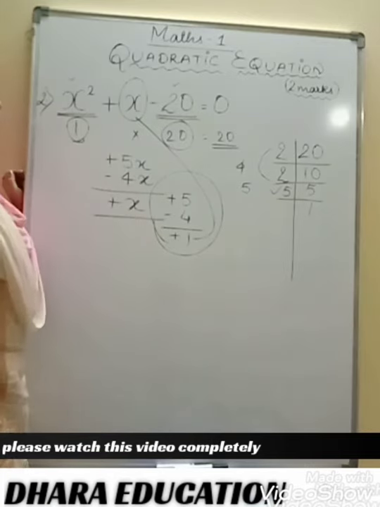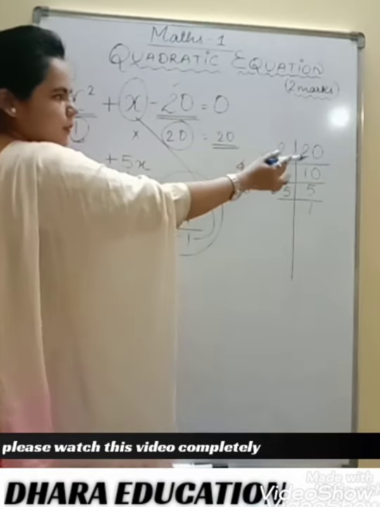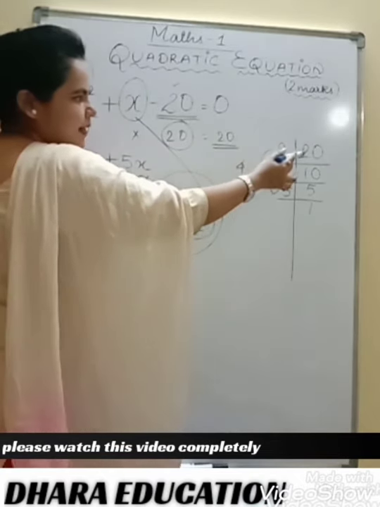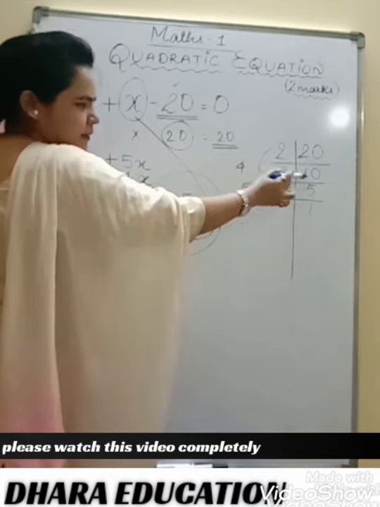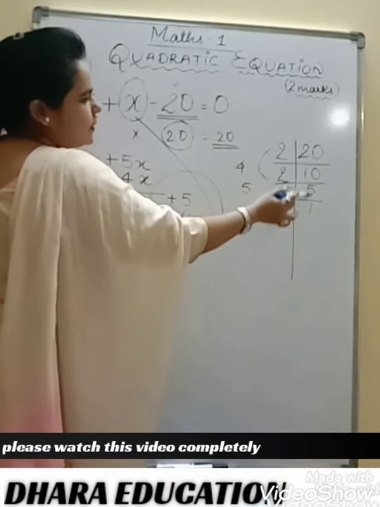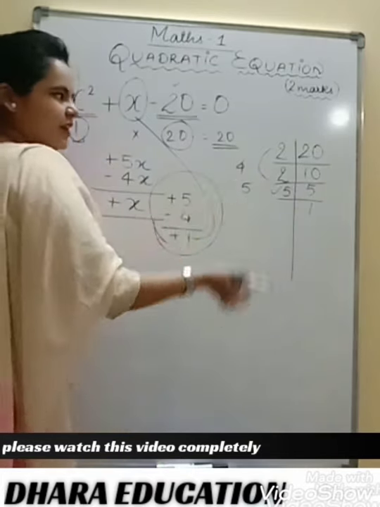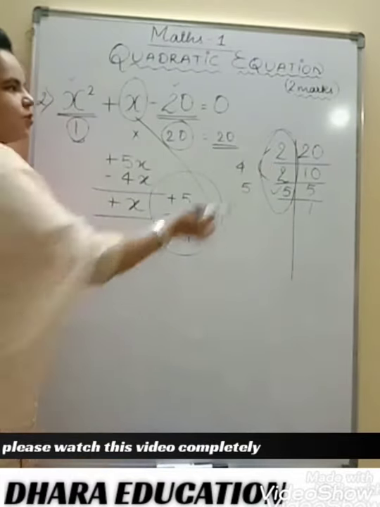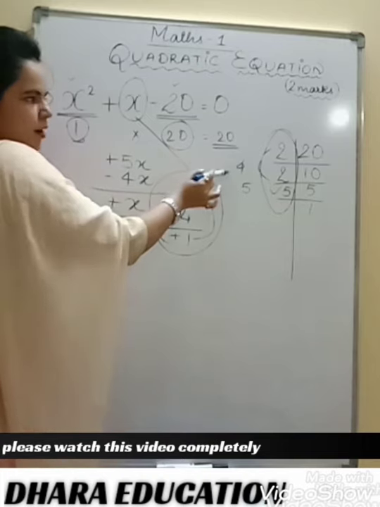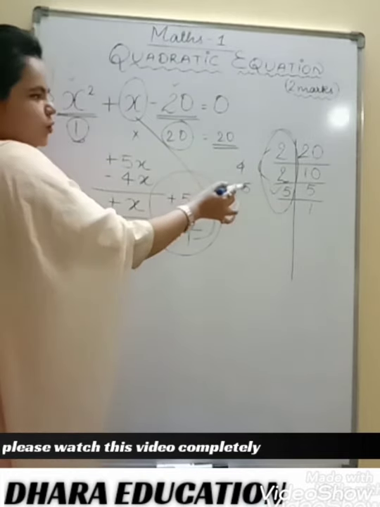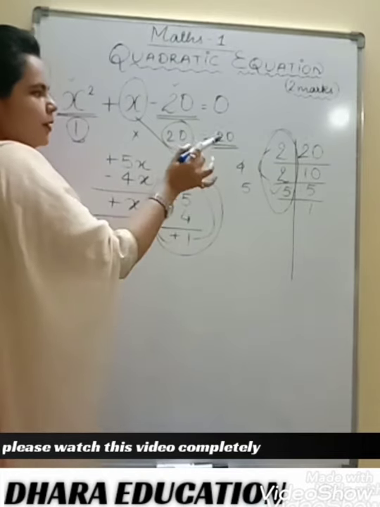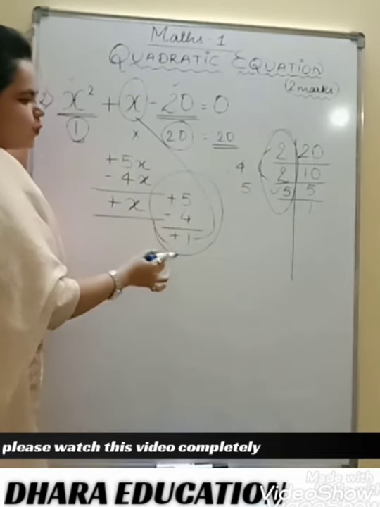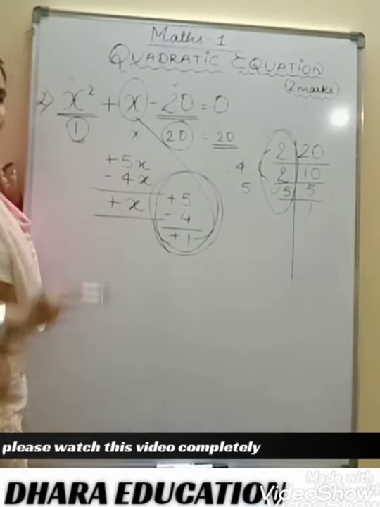I repeat once again. The factors of 20 are 2 tens, 4 fives, and 5 fours. We are getting these particular numbers, 4 and 5. So when we make one of them minus, the result comes as positive 1.